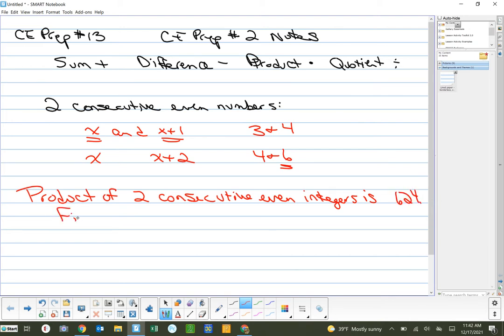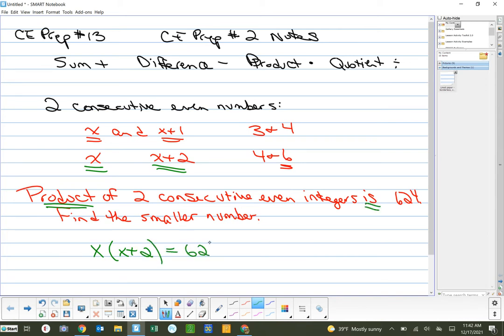Find the smaller number. Okay, well, we know that those two consecutive integers are x and x plus 2, and product means multiply. So we have x times x plus 2 equals 624.